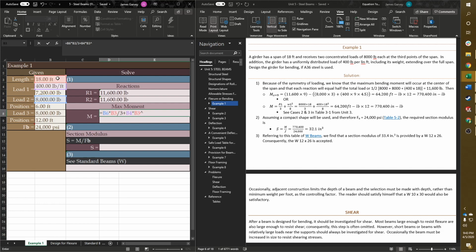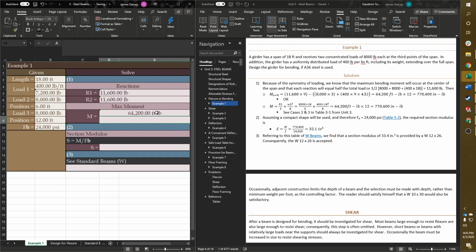Or I could just use, instead of doing the 400, this one since I already did that there, times the 18 and then divided by 8. Press equals, and that gets me the 64,200 foot-pounds.